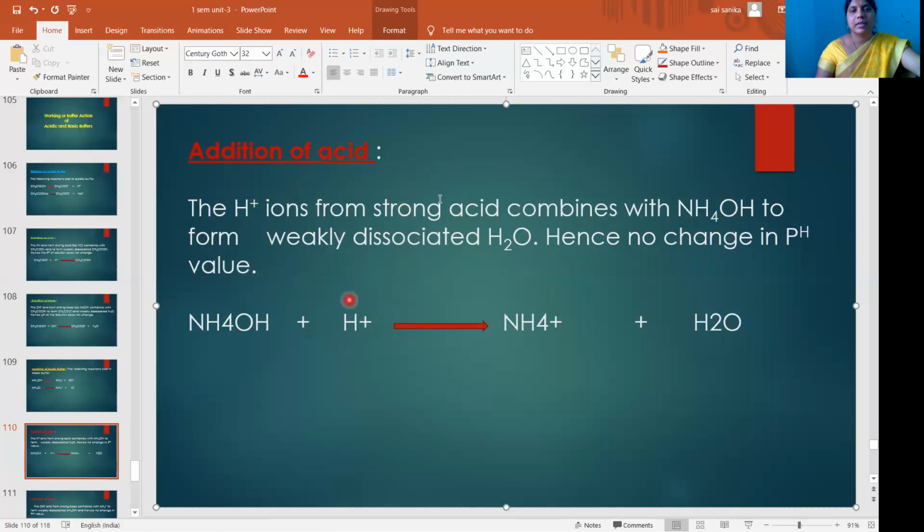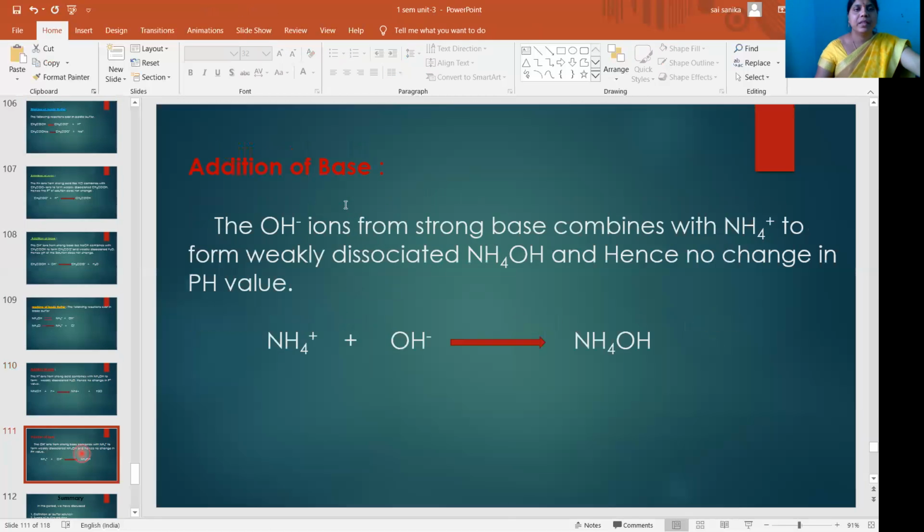So when acid is added, this H plus will combine with NH4OH and form NH4 plus and H2O. So there is no change in pH value.